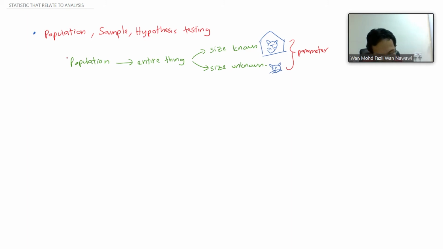So that is population. The second thing we call sample. A sample is a part of the population, and normally the size is known.